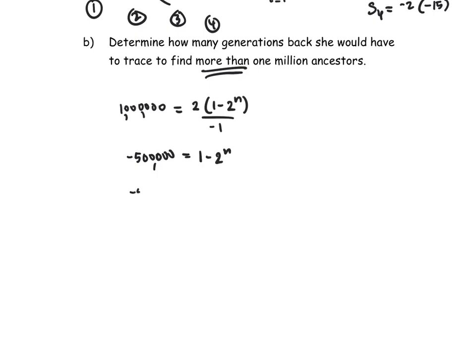I subtract that 1, I get negative 500,001 is equal to negative 2 to the nth, so positive would equal a positive. So I want to know where 2 to the nth equals 500,001. So I'm going to take the natural log of both sides. You could use your calculator and just see on the graph where they're equal to, but I'm going to do it this way.